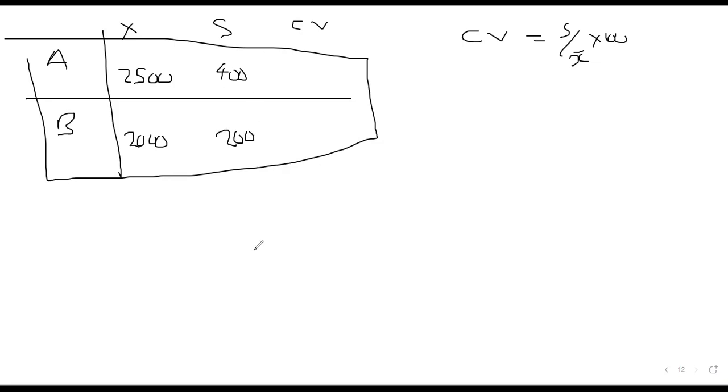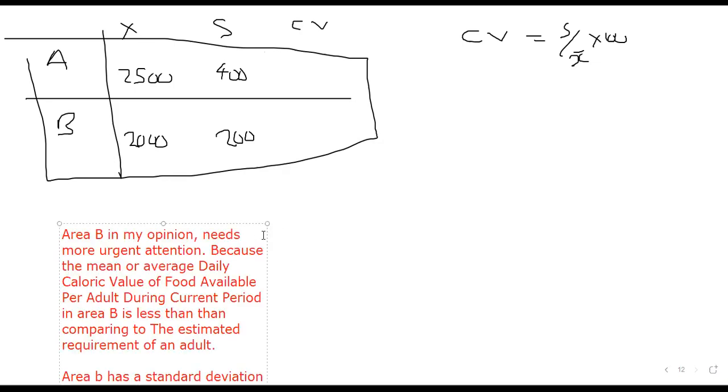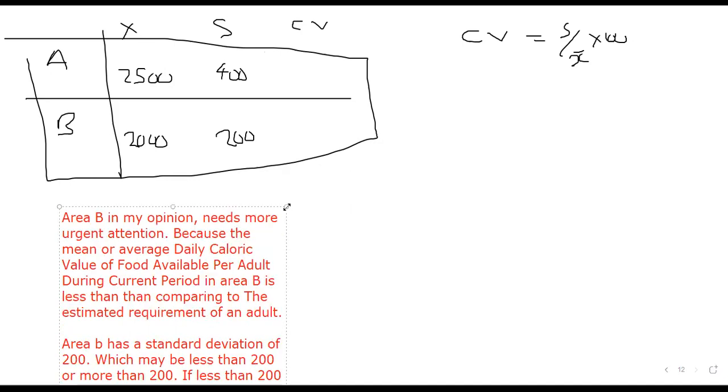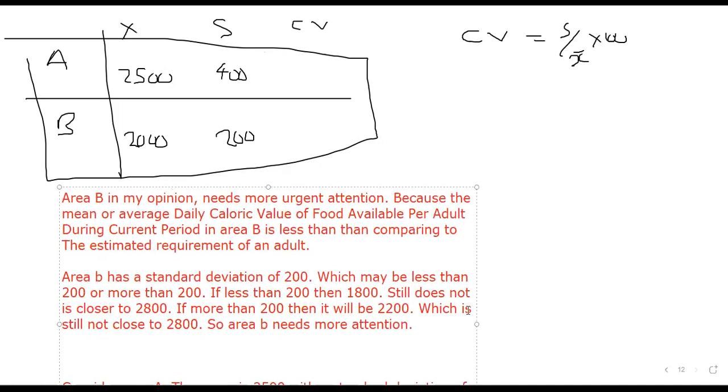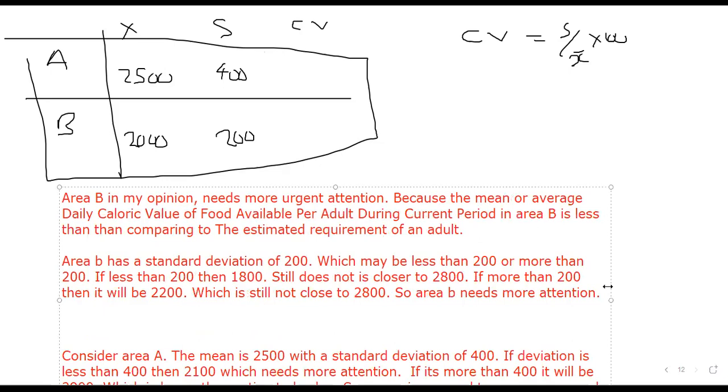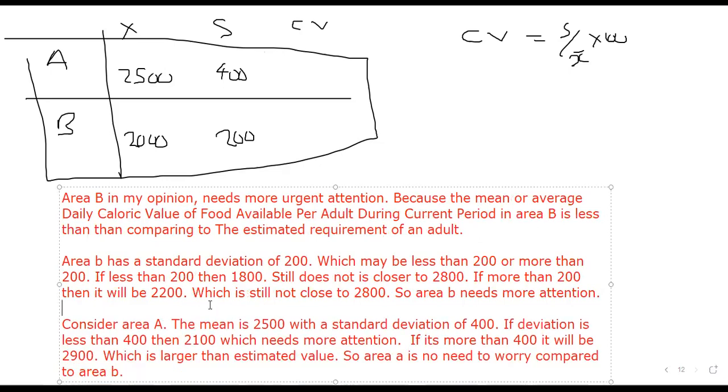What did you find here? What was the coefficient of variation there? We divide 400 by 2500.